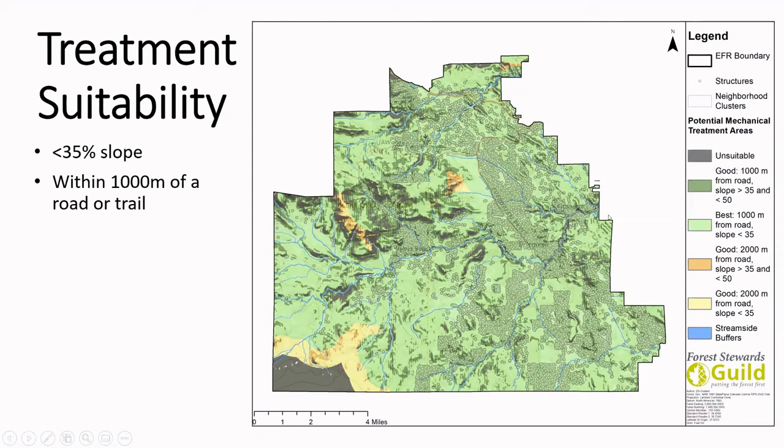I also wanted to share one last map with you all of this treatment suitability. So you may remember that some of the worst areas of predicted post-fire sediment delivery were in areas that are unsuitable.